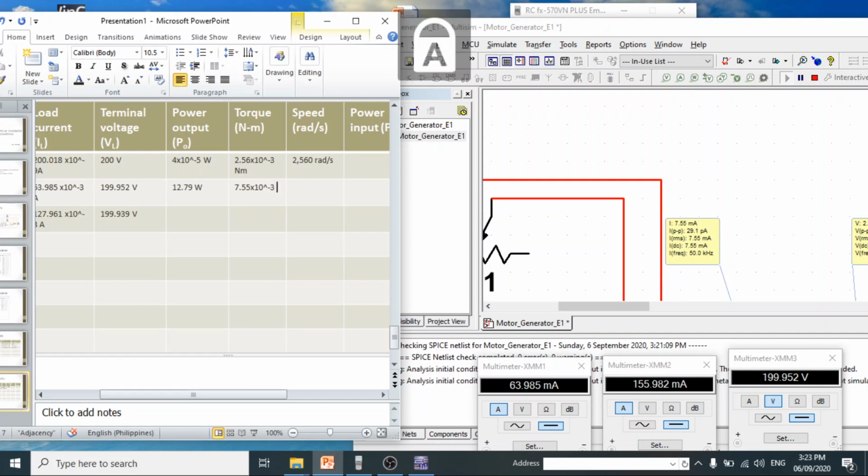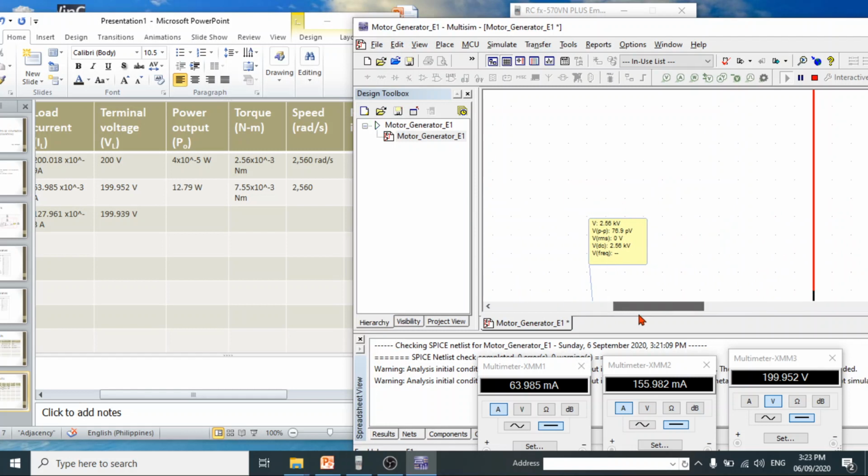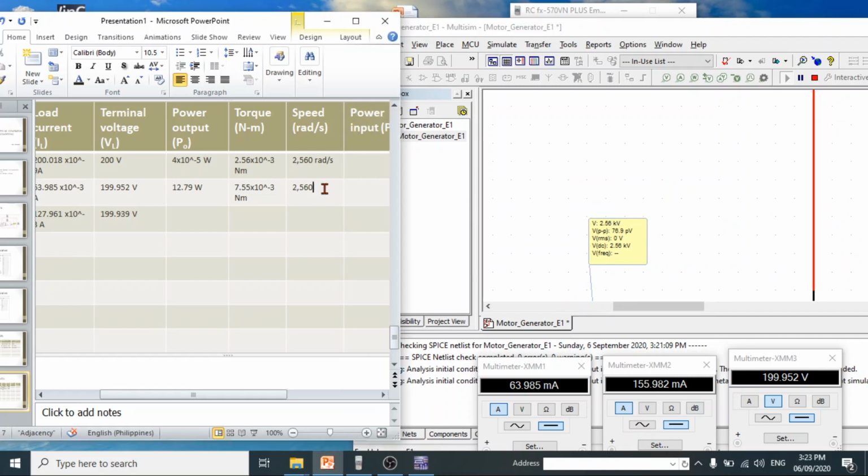Okay, so the unit is Newton meter. And the speed is still the same, 2560, okay, 2.56 kilo radian per second.